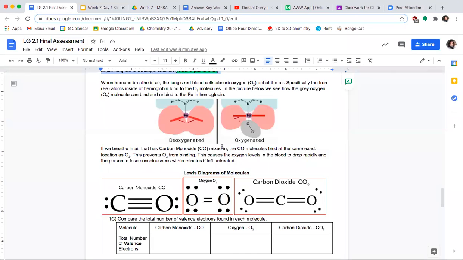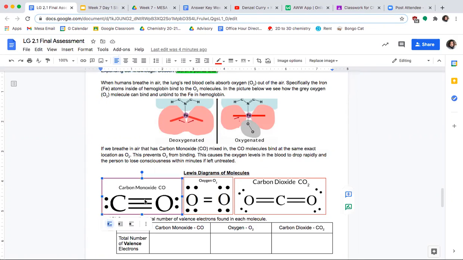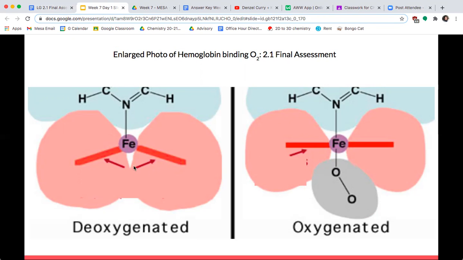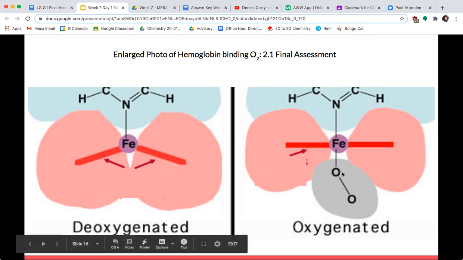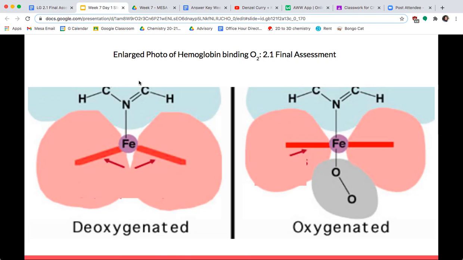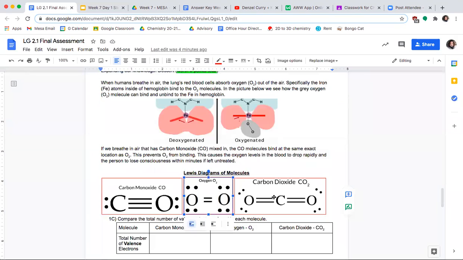In the explanation, once you read it, and you definitely need to read it, if you don't read it then you're not going to be able to answer this question. Talk about how carbon monoxide behaves similarly to oxygen, meaning that carbon monoxide can similarly go into this location and bind to the iron. What is different is that carbon dioxide cannot bind to that iron site.